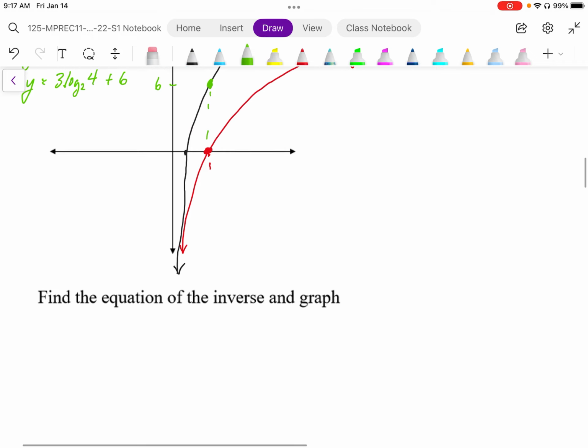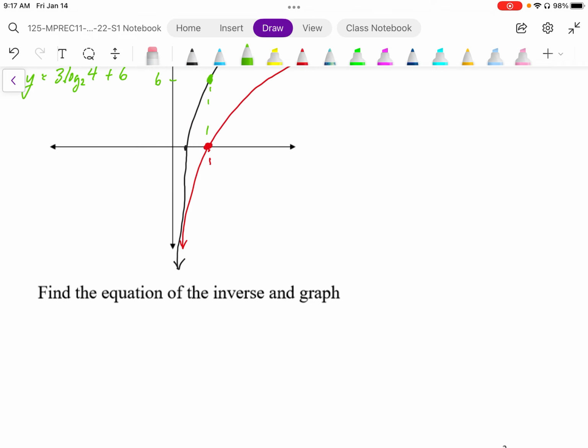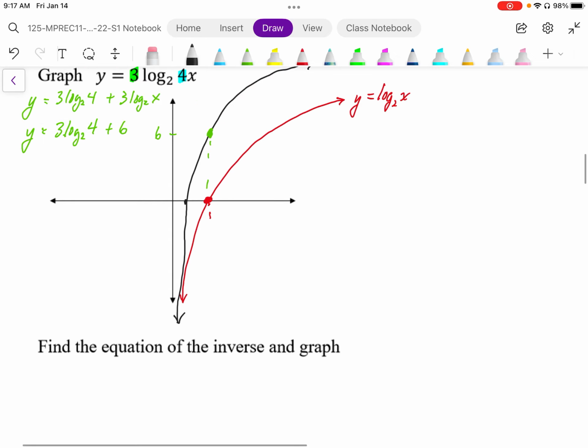Now, when we talk about the inverse, that's when we switch x and y around. Okay, so the x and y get switched around for the inverse. So I end up with x equals 3 log base 2 of 4y.